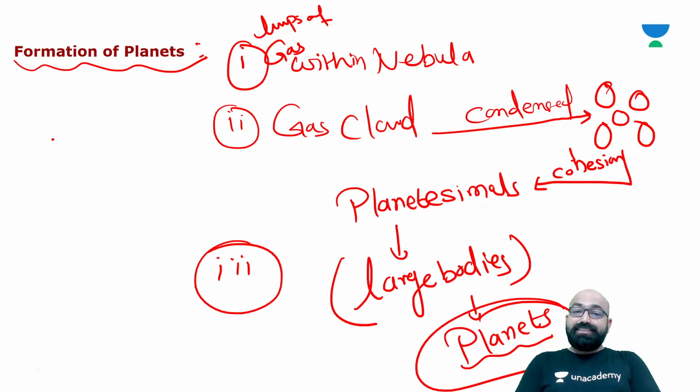Planetesimals are a large number of smaller bodies, where in the final stage these large number of small planetesimals accrete to form a few large bodies in the form of planets.